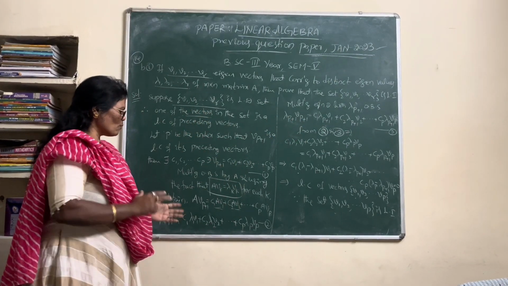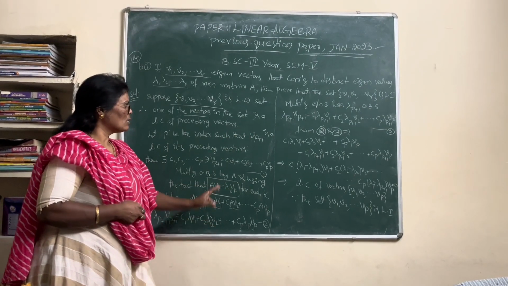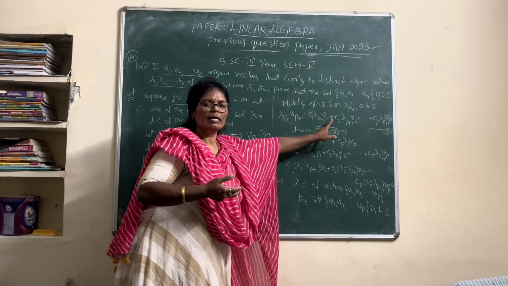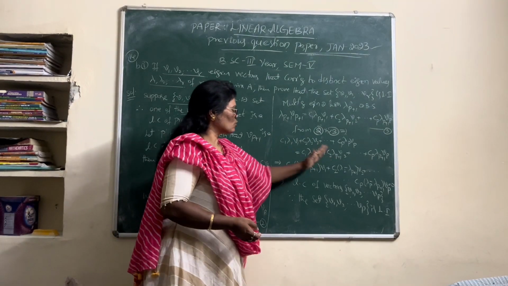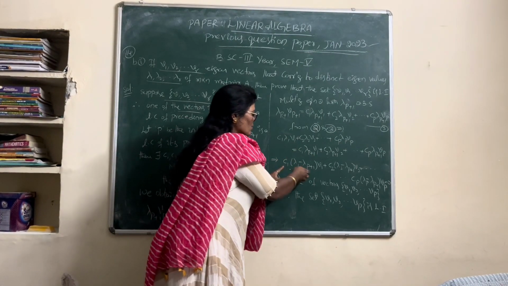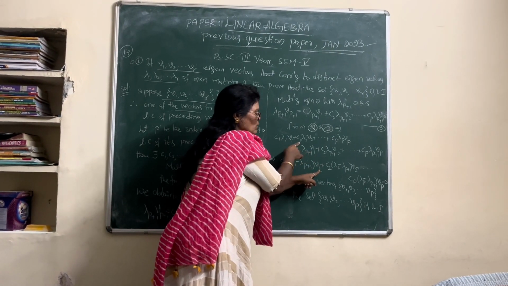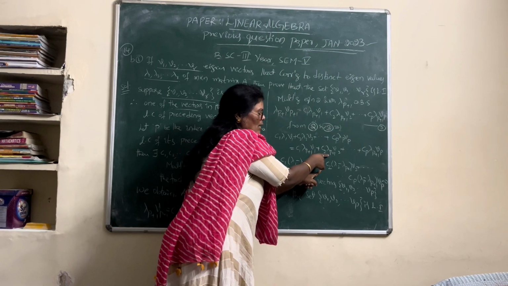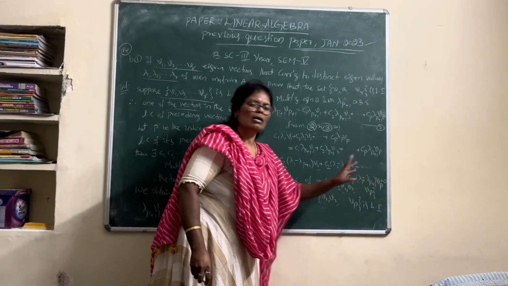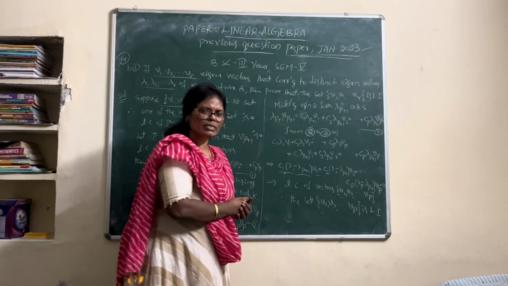Both are equal, so we can equate the right hand sides. Taking all the terms to the left hand side, we take C1 and V1 common: C1 into (lambda 1 minus lambda p+1) V1 plus C2 into (lambda 2 minus lambda p+1) V2, so on, Cp into (lambda p minus lambda p+1) Vp is equal to 0.